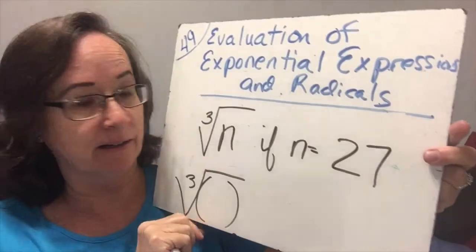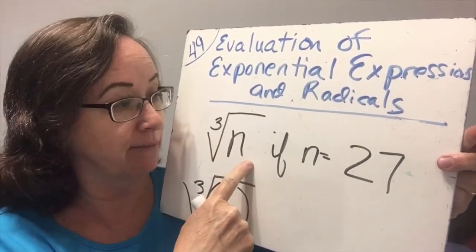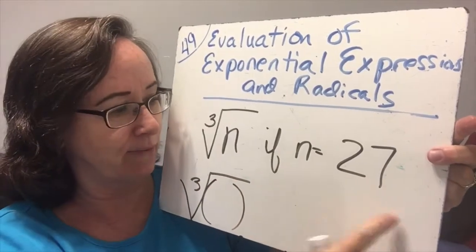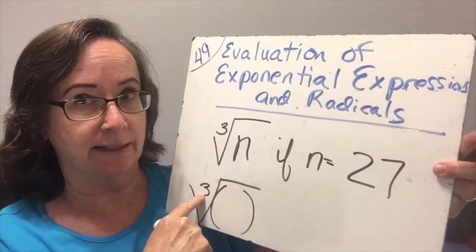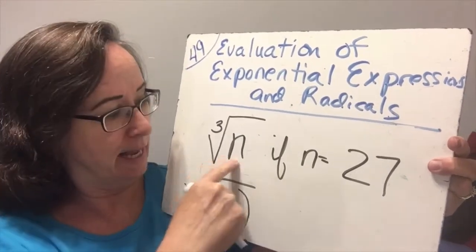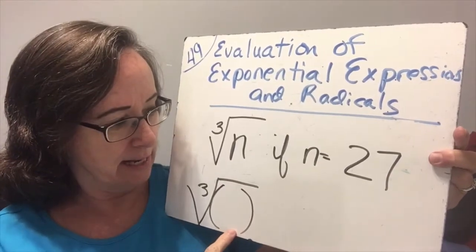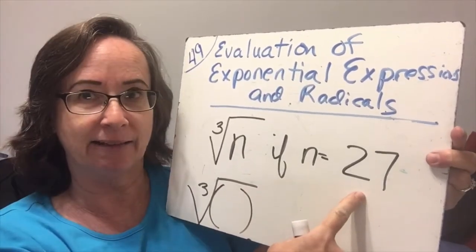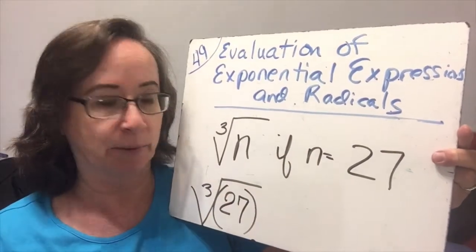Okay, so here is my problem, the cubic root of n, if n is 27, and now here is my skeleton. So I left the 3 because it's a constant. I already knew what it was, and then I took out the n and put my little parentheses here, and now I'm going to take the 27 and slide it there where I had the parenthesis.